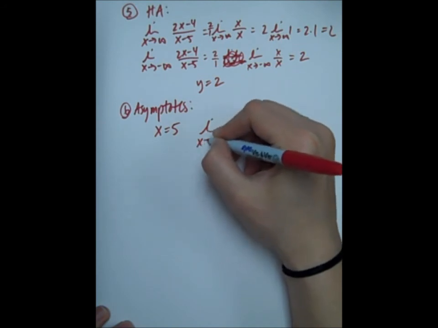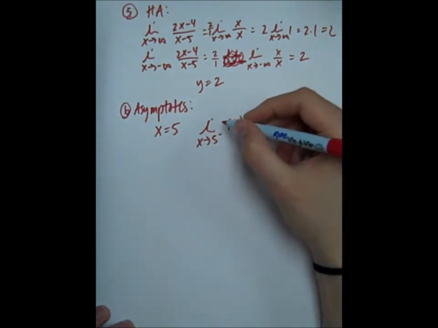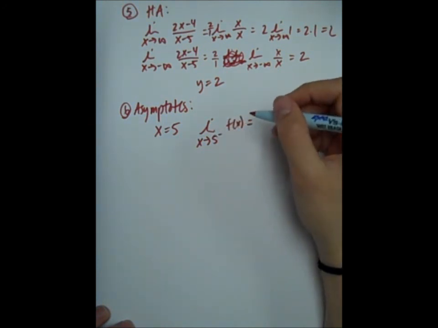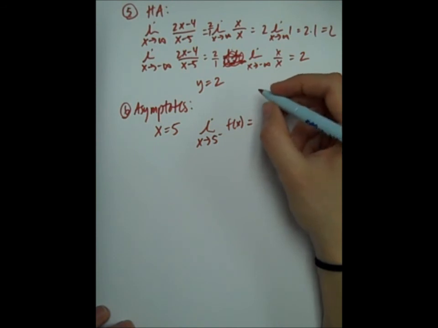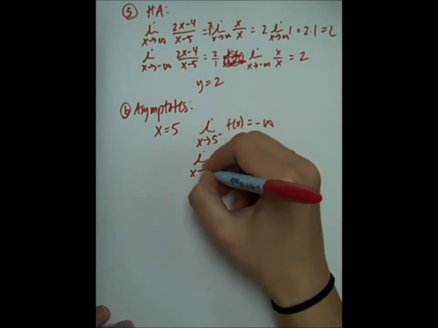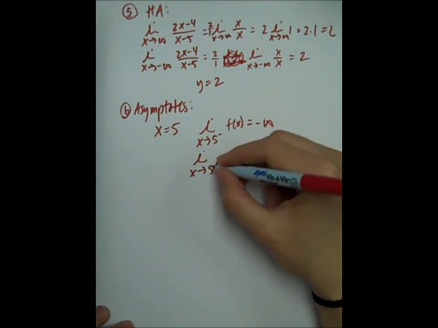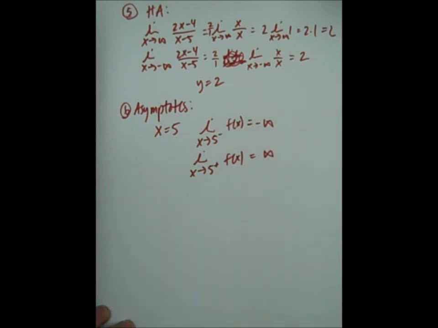If I look at the limit as x approaches 5 from the left, that means the numerator is getting smaller but in a negative direction, so this is negative infinity. And if I look at the limit as x approaches 5 from the right, I'm going to get positive infinity because it'll be a positive number over a positive number. So at this point, we've done everything. We're ready to graph.